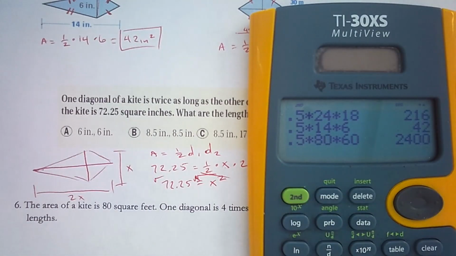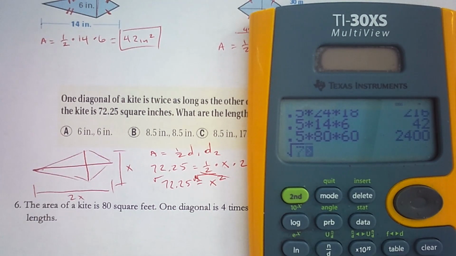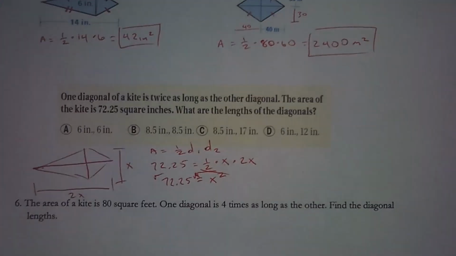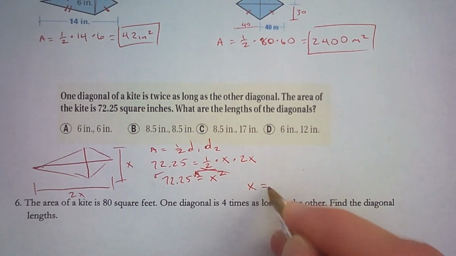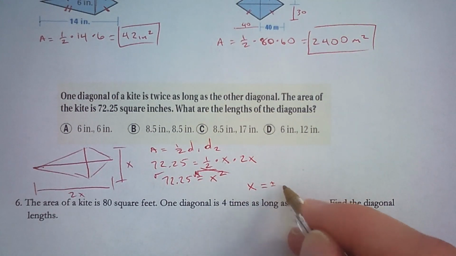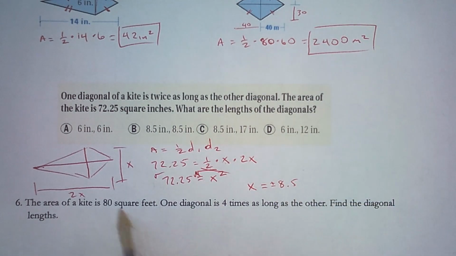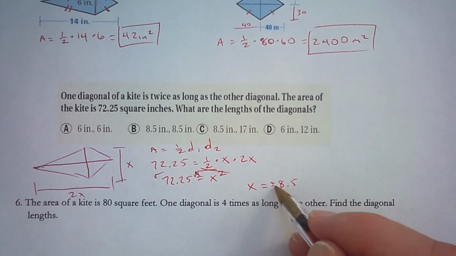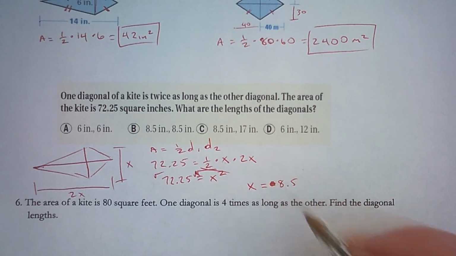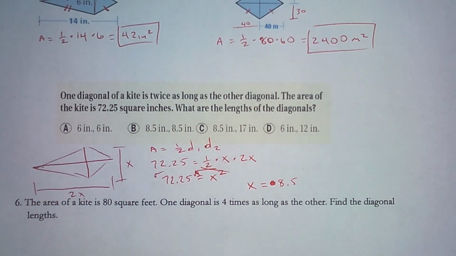So the square root of 72.25 is 8.5. So x, when I solve an equation like this, really I would get plus or minus 8.5, but as the length of a diagonal, the negative square root does not make sense. So it's really just 8.5. So one of the diagonals is 8.5.